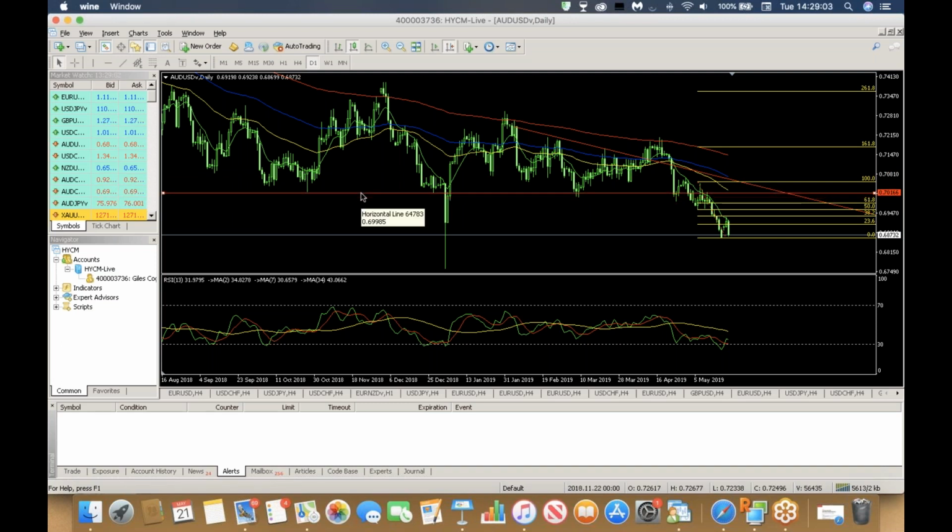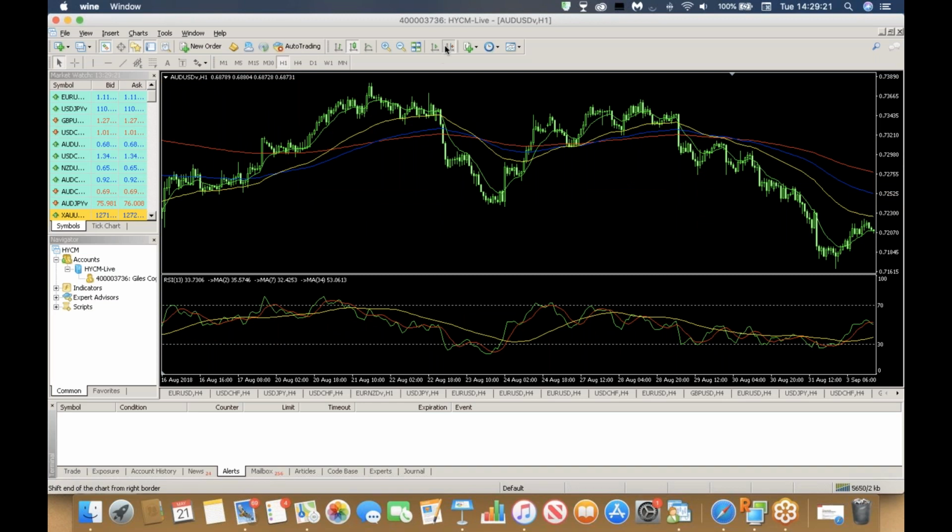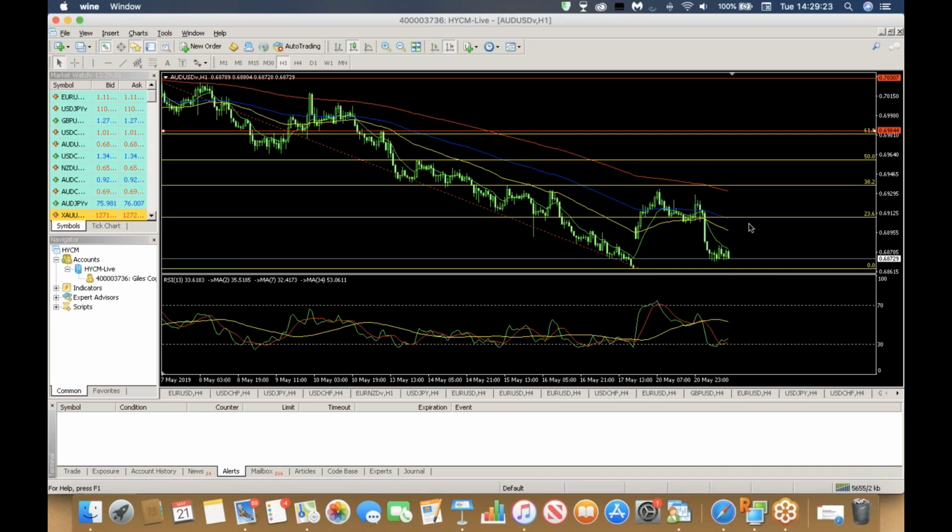This kind of level is a zone here, isn't it? So here, here, here. Somewhere between there and there, we've got a very nice support level. Yeah, Olufemi, the 100 EMA on the 1 hour chart, that would look very good for a potential short.